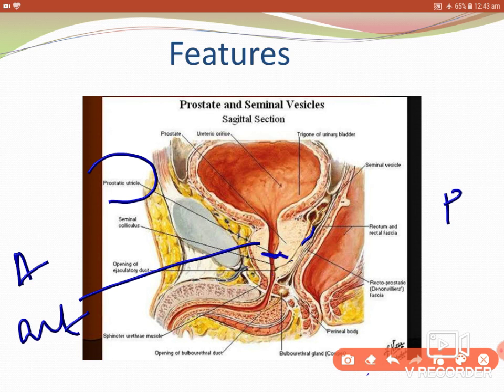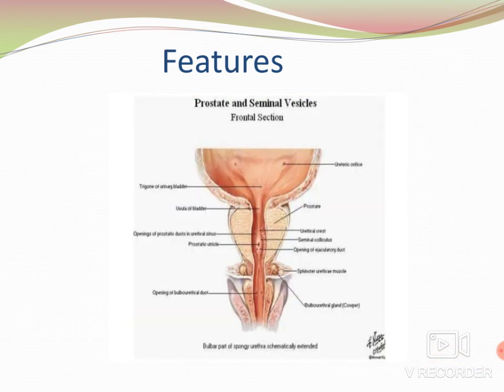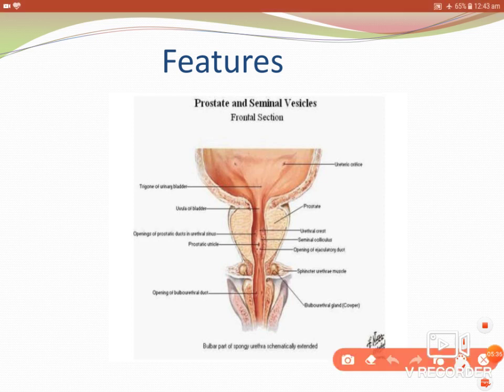This lobe is the median lobe. The one below the ejaculatory duct forms the posterior lobe. Then in this coronal view, these are the lateral lobes.